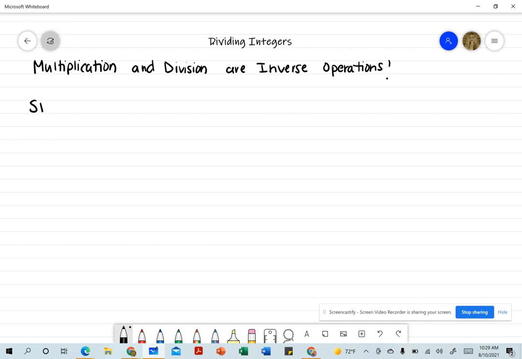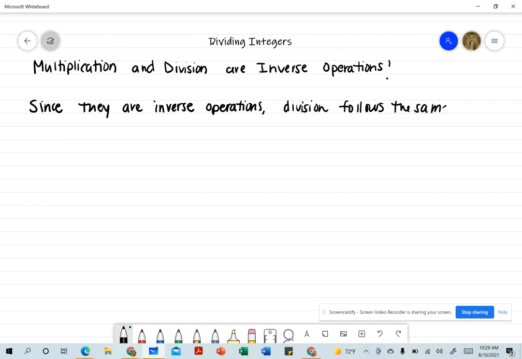So, since they are inverse operations, division follows the same rules as multiplication. Well, let's review those rules.